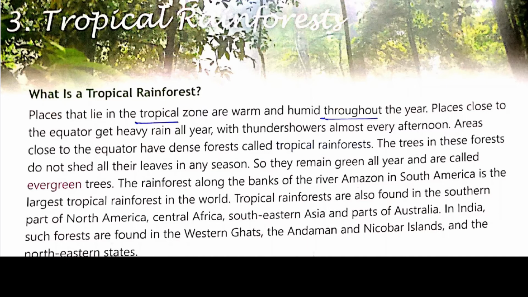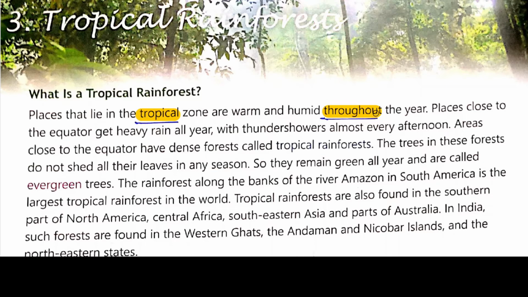Now you can look on the screen. Places that lie in the tropical zone are warm and humid throughout the year. Places close to the equator get heavy rain all the year, with thunder showers almost every afternoon.